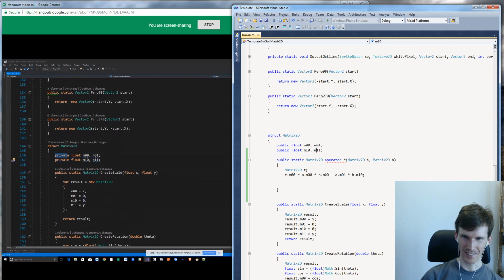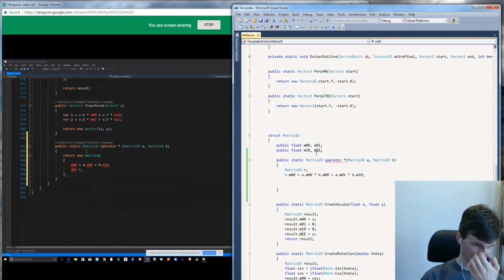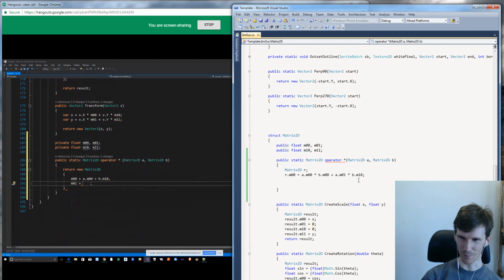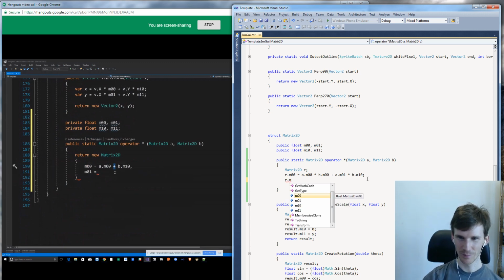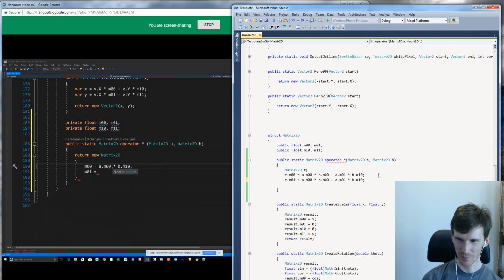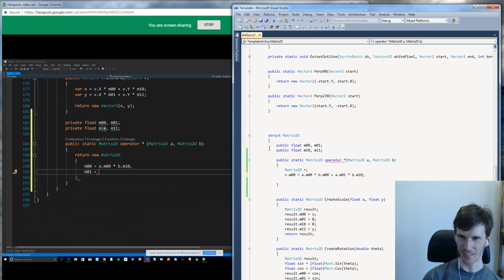I'm going to cut those and bring them down. If we get it wrong, then it will look very silly. I'm already thinking it's wrong. Isn't that supposed to be times B's M10, because they're going down? Or am I confusing myself? Hang on. B should be going down and A should be going across.